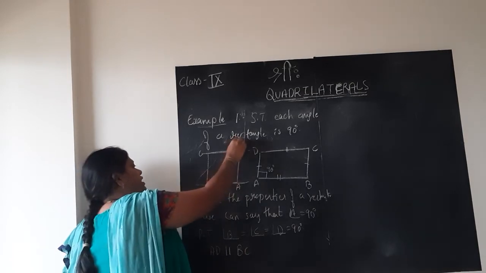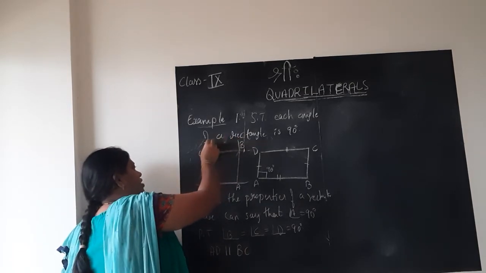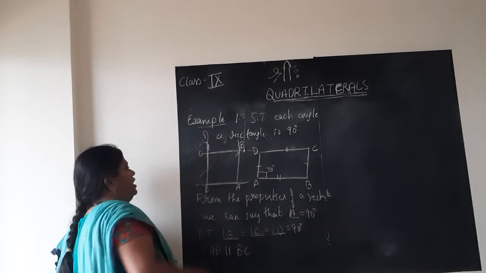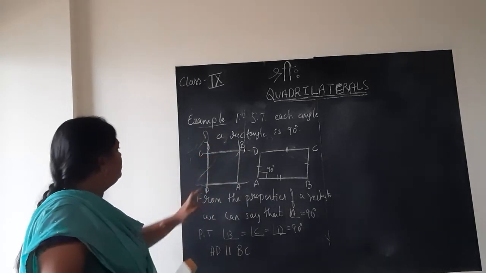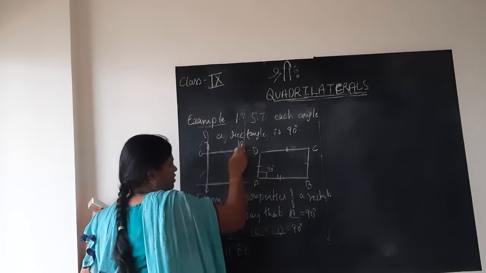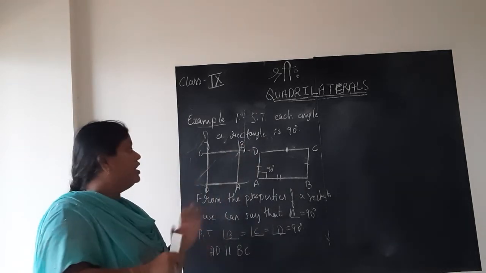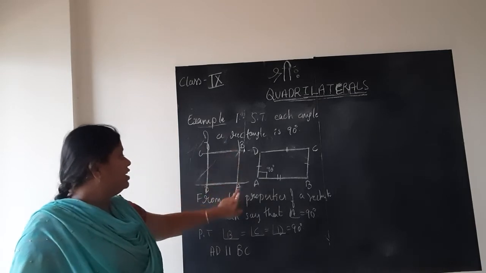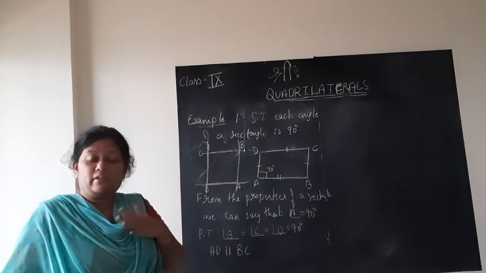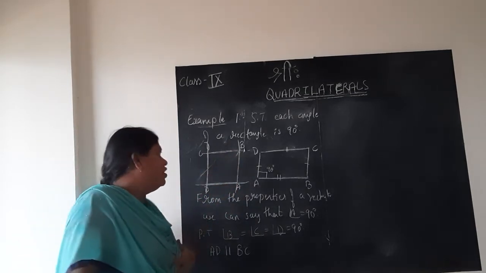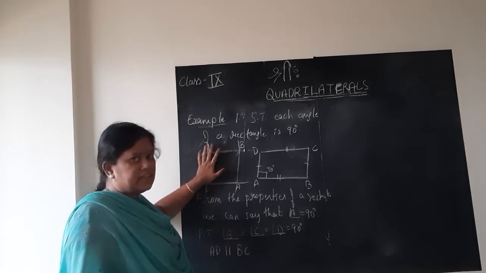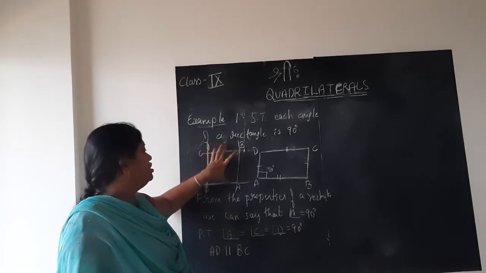So if I extend these sides, no problem, for the time being you extend. I will consider this side, not this, as the transversal. Why, children? Think logically. It is because I know one of the angles, that is angle A. So I want to be on the safer side when I solve. So I will not consider side CD as the transversal for these two parallel lines.